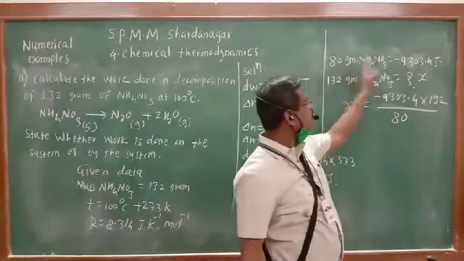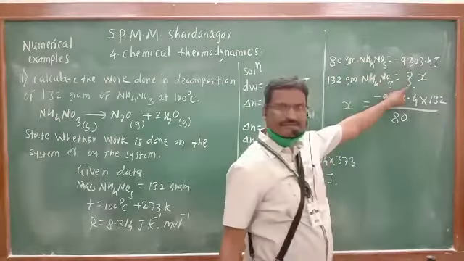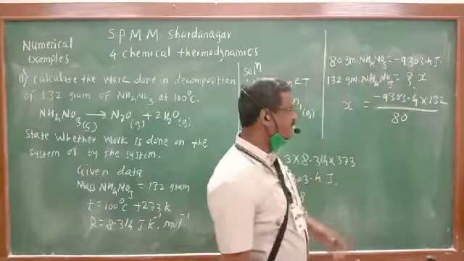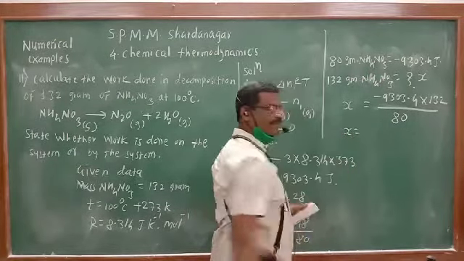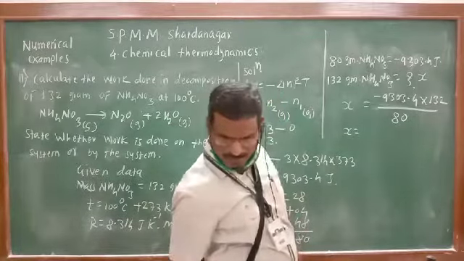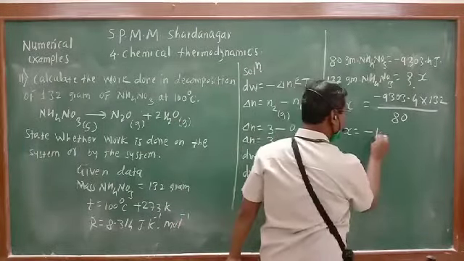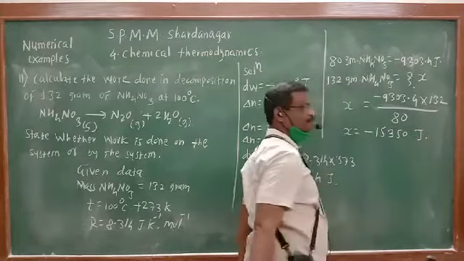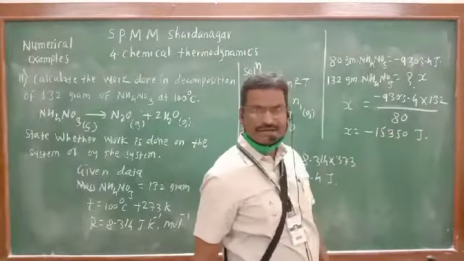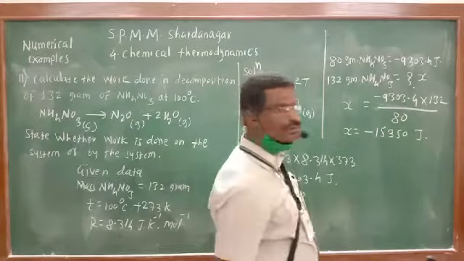Therefore 80 gram is equal to this one, 132 gram is equal to X. Doing cross multiplication in this manner, we will get the answer of X, and that is equal to minus 15,350 Joule. This is the answer we are getting, but they have given the answer in kilojoule in our book.